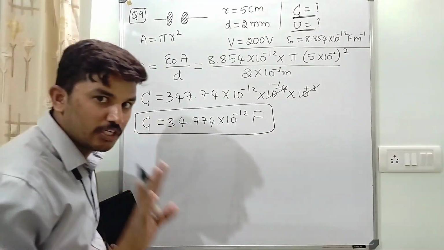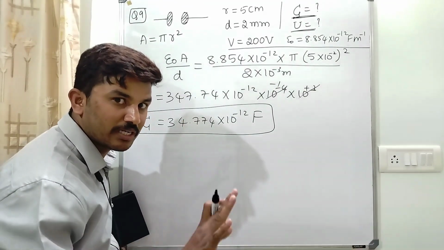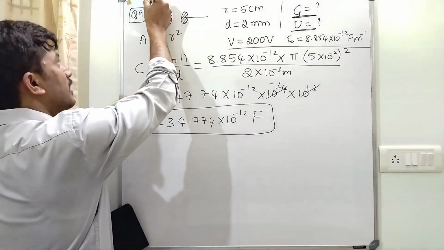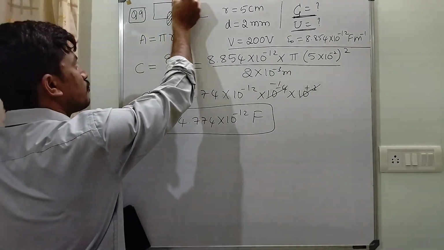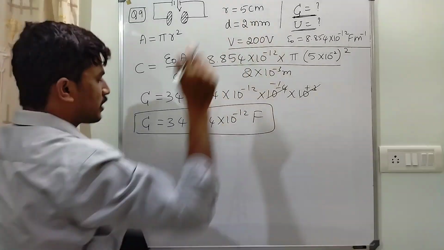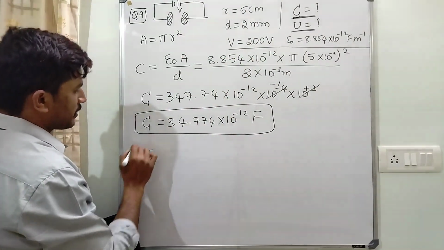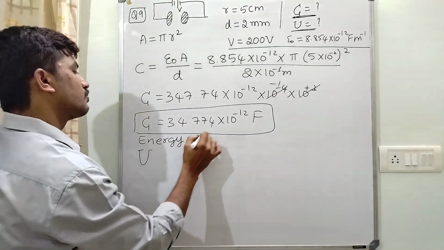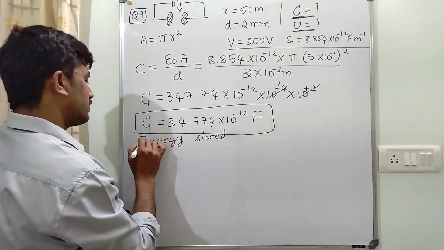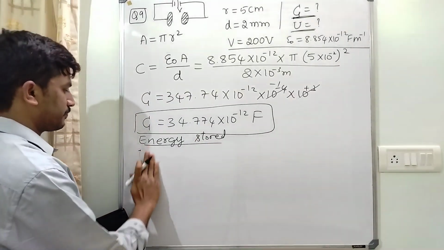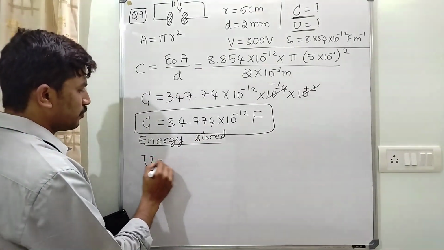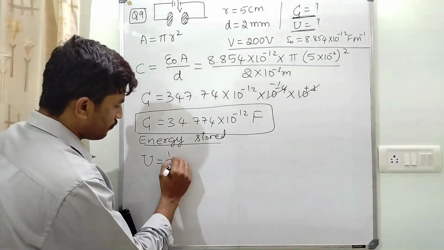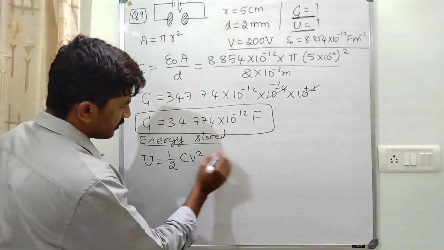Now we need to find out the energy stored in a capacitor, and there is another formula for that. Here if this parallel plate capacitor is connected to a battery of potential difference V and this value is 200 volt, then energy stored in the parallel plate capacitor is given by U is equal to half CV square.